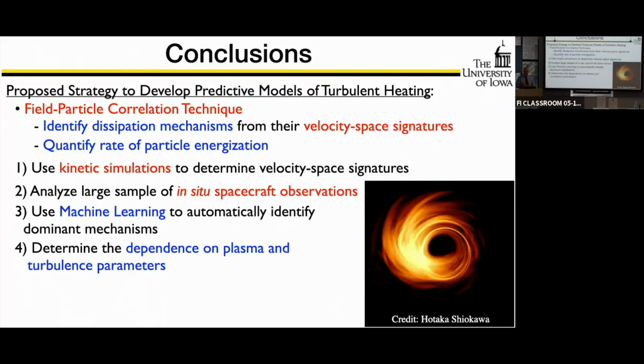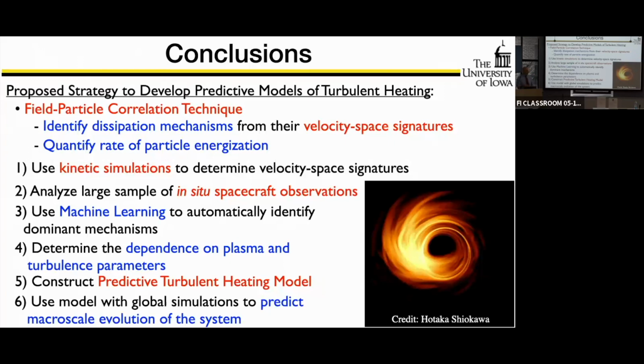And then we can determine the dependence of those mechanisms on the plasma and turbulence parameters over at least the range of what we can observe. And then we can synthesize all that information to construct new predictive turbulent heating models. And those can then be used with global simulations to predict the macro scale evolution of the system, such as this prediction of the evolution of a black hole accretion disk. Thank you.